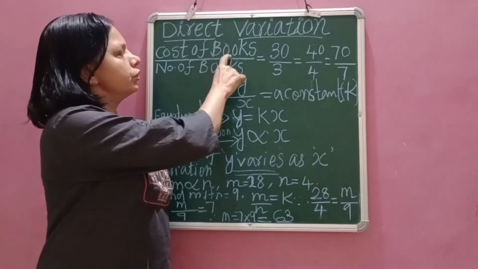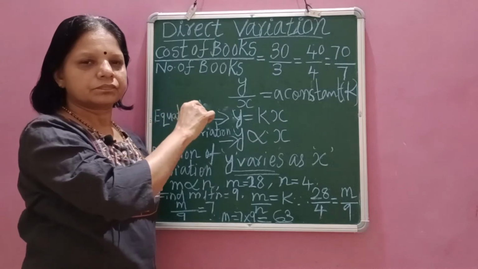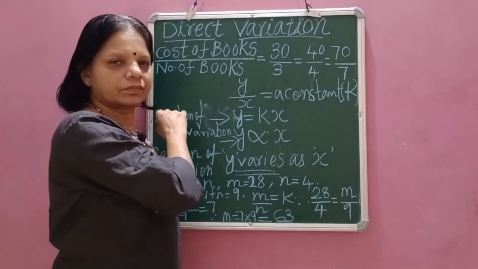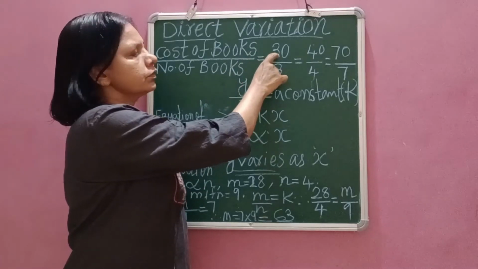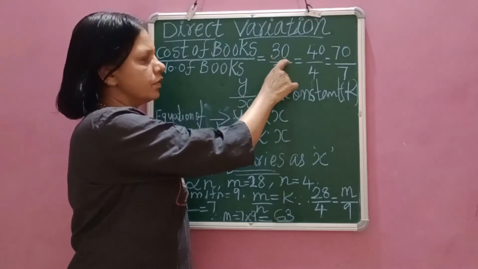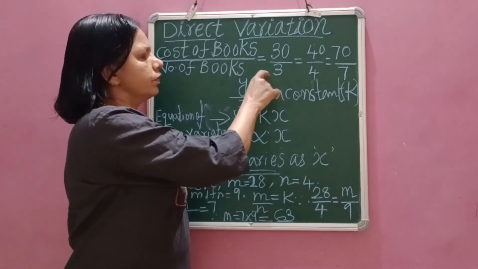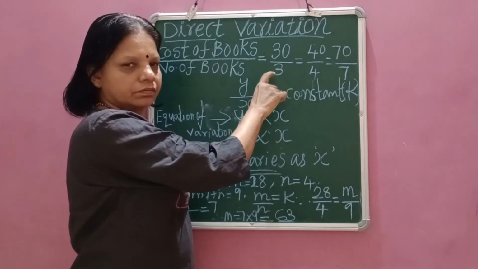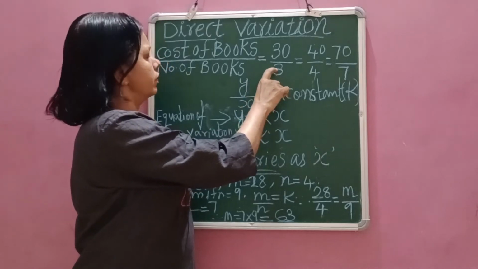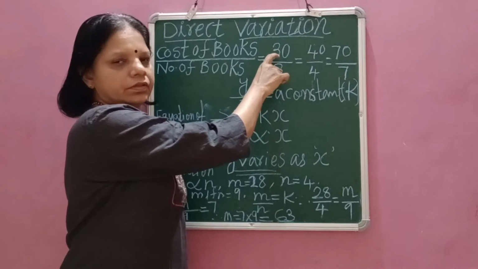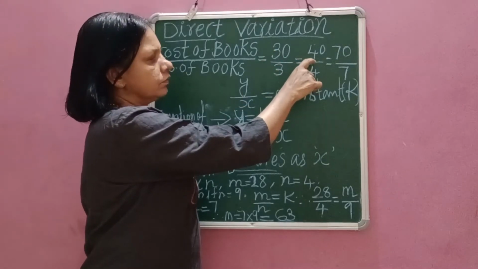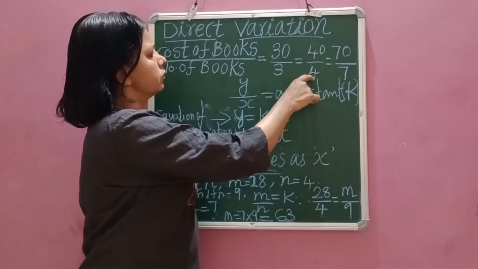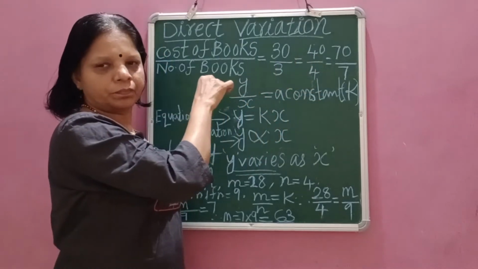So here that example I have given. See, cost of books and number of books. If cost of books is rupees 30, then the number of books is 3. Means cost of 3 books is 30. Other case, cost of 4 notebooks is 40 rupees.